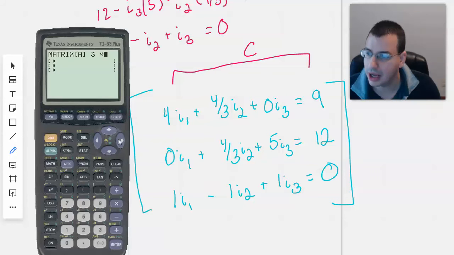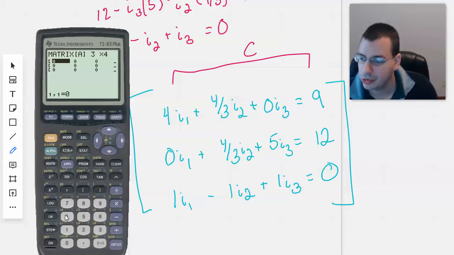So rows by columns, RC, 3x4. And enter. And the way we set it up, this will be the first column, second column, third column, etc. By etc. I mean fourth column. 4 divided by 3, enter. 0, enter. 9, enter. 0, enter. 4 divided by 3, enter. 5, enter. 12, enter. 1, enter. -1.